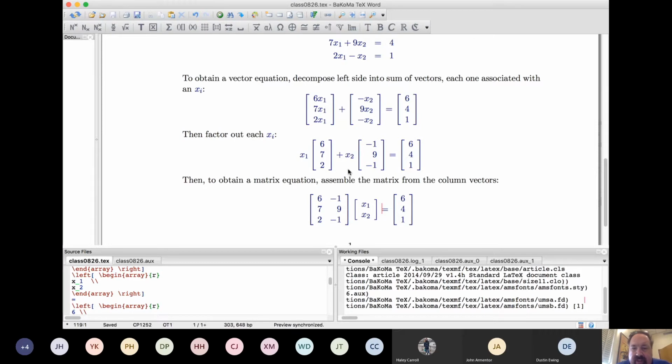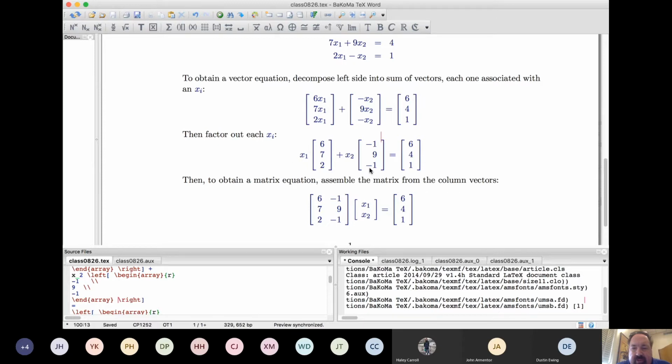Now, of course, this left side I could have written either way: I could have x2 times this vector plus x1 times this vector, because of commutativity. And what would have happened in that case?